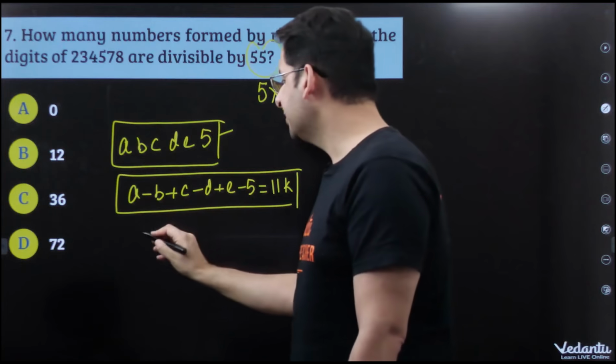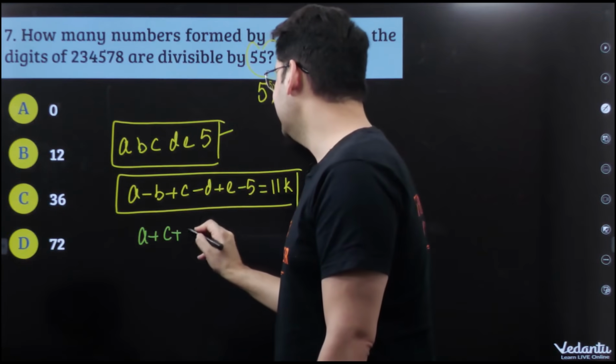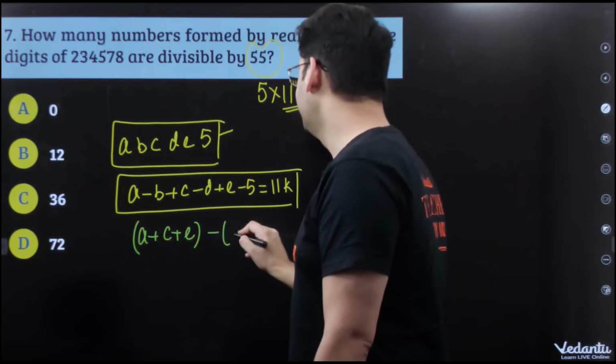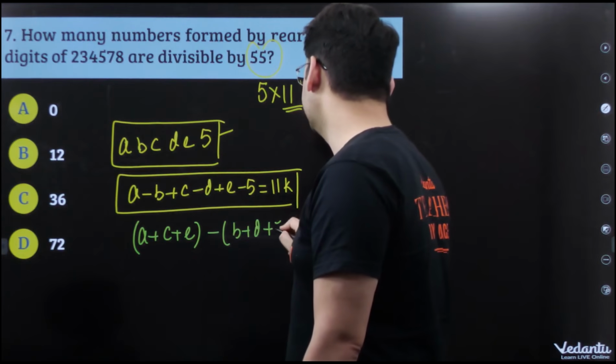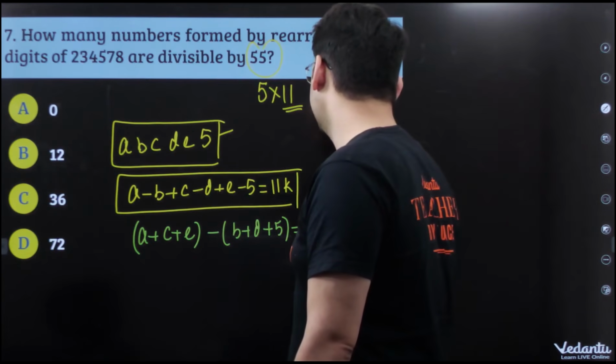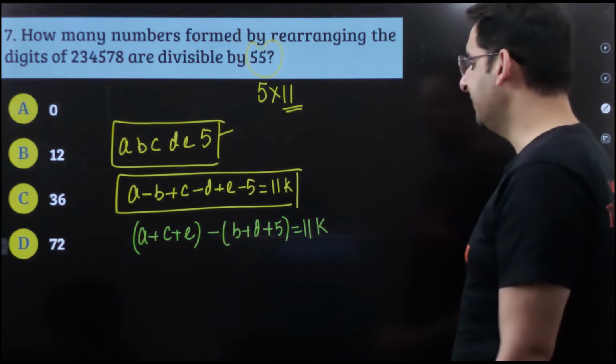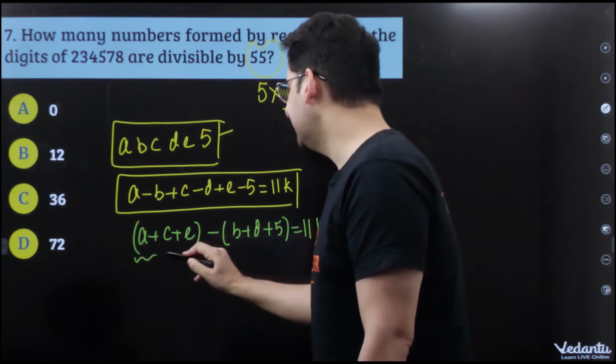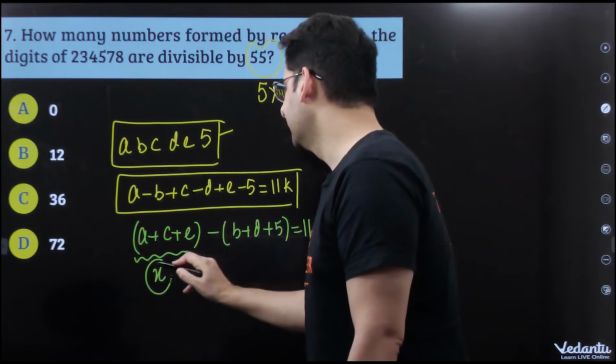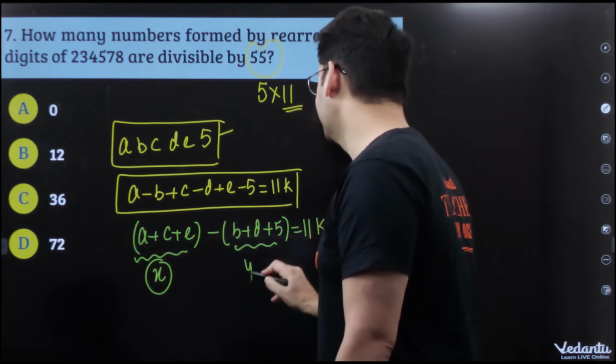तो यहां पर ना मैं क्या करता हूं, a plus c plus e अलग कर देता हूं, b plus d plus 5 अलग कर देता हूं. a plus c plus e को थोड़ी देर के लिए x मान लिया, इसको y मान लिया. Right?